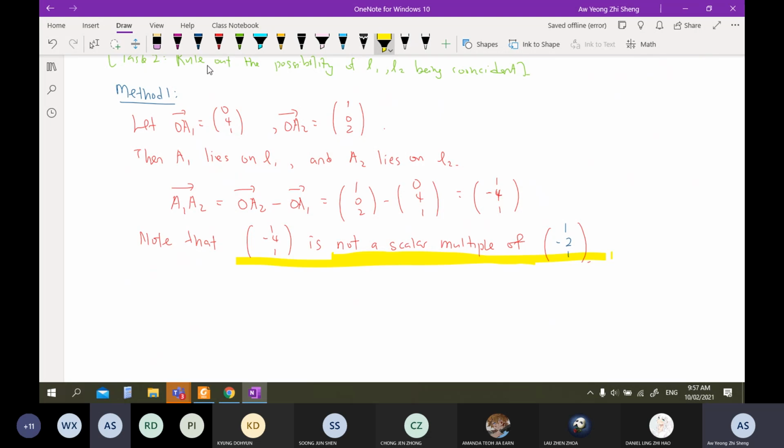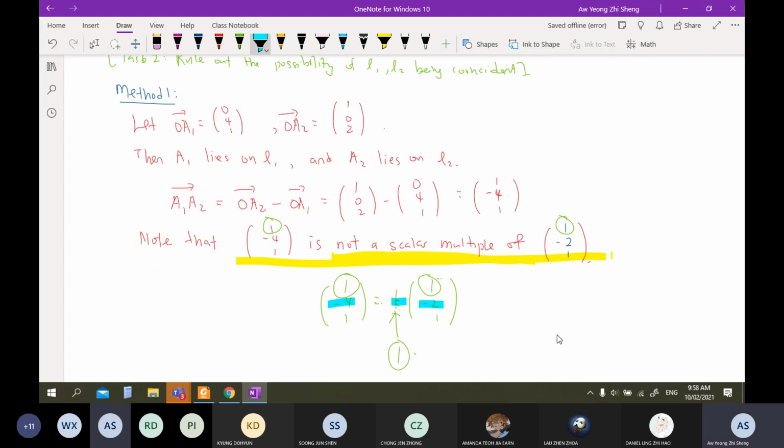One very obvious thing to see is that they have the same x component. So if you really set 1, 4, 1 to be k times 1, minus 2, 1, for the first component to be equal, you are supposed to set k to be 1. But then if k is 1, minus 4 is not equal to 1 times minus 2.